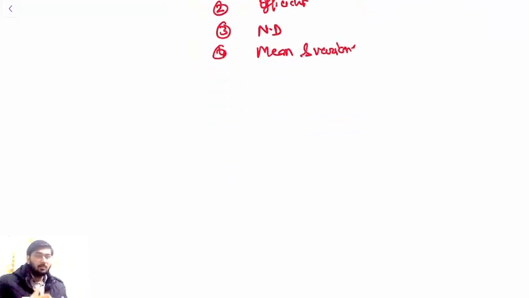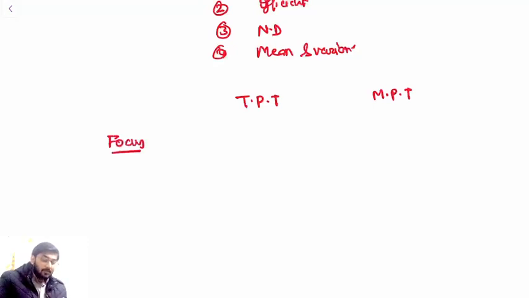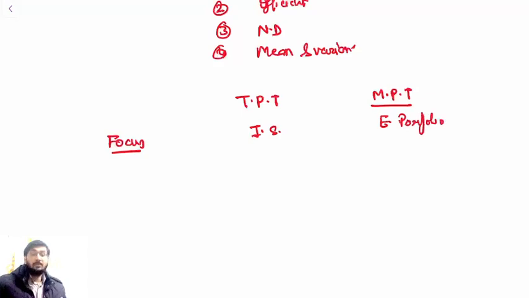So now I'll draw out the difference between traditional portfolio theory and modern portfolio theory. The focus of traditional portfolio theory is purely on individual stocks, but the focus of modern portfolio theory is on the entire portfolio. Clear?